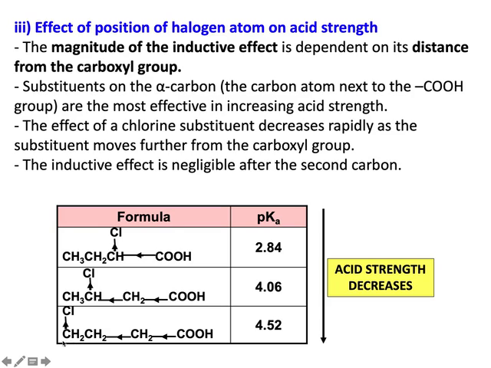Chlorine attached on the gamma carbon slightly decreases the acidity of the carboxylic acid, so the nearer the halogen is attached to the carboxylic acid, the acid strength becomes stronger.